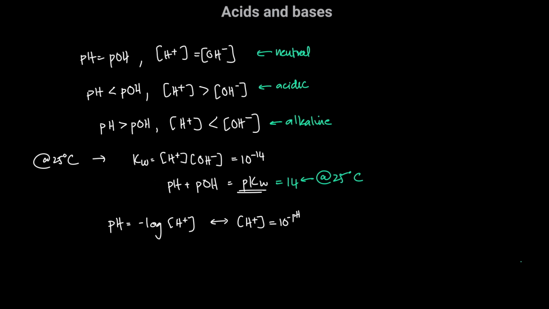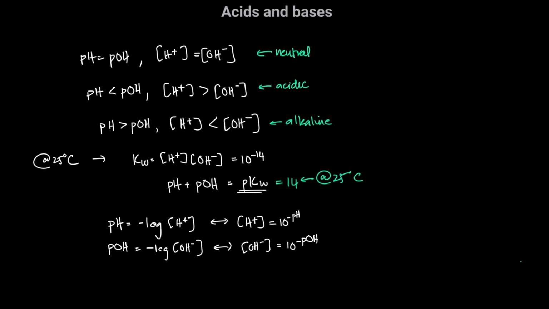For example, pure water at 25 degrees Celsius has a pH of 7, so the concentration of H+ is 10 to the power of negative 7. Similarly, pOH is equal to the minus log of the concentration of OH- ions, and therefore the concentration of OH- ions is equal to 10 to the power of negative pOH.